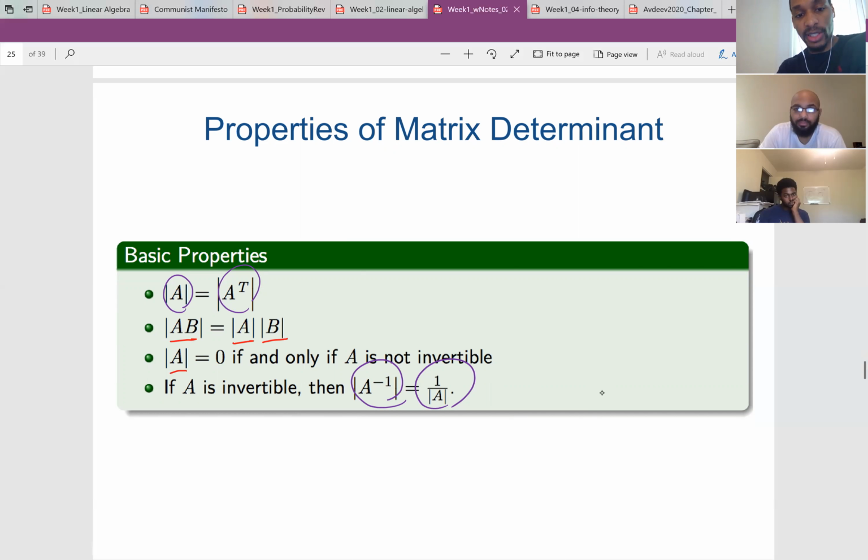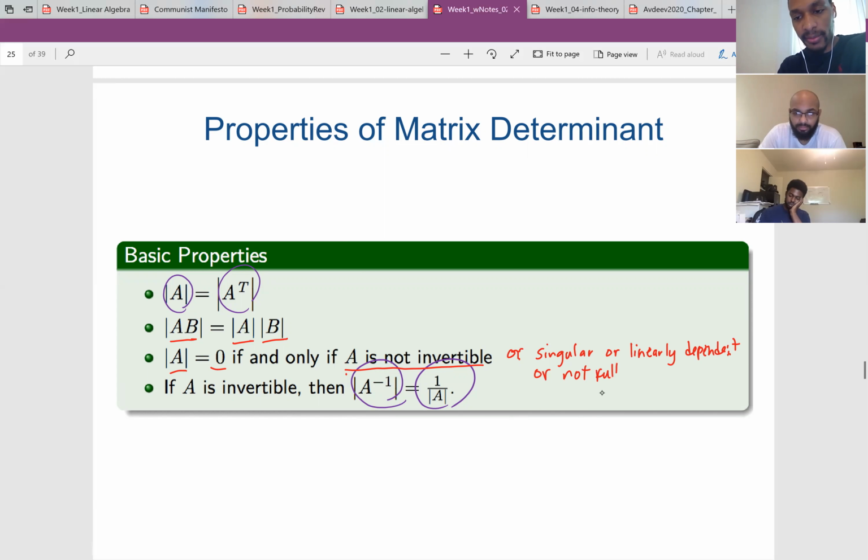The determinant is equal to 0 if and only if A is not invertible, or singular, which is another word for it, or the columns are linearly dependent, or not full rank.